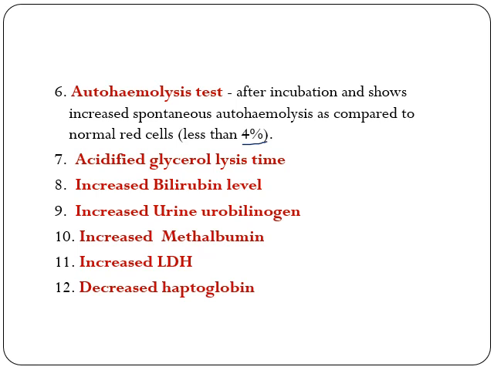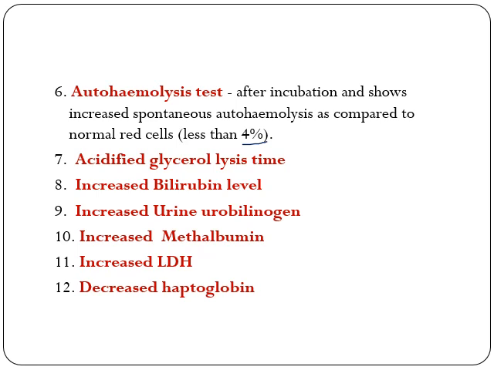Now if we incubate those RBC further for 48 hours, this deprivation will increase. They will be deprived of nutrients, and there will be increased spontaneous autohemolysis as compared to normal red cells, where the autohemolysis is less than 4%.